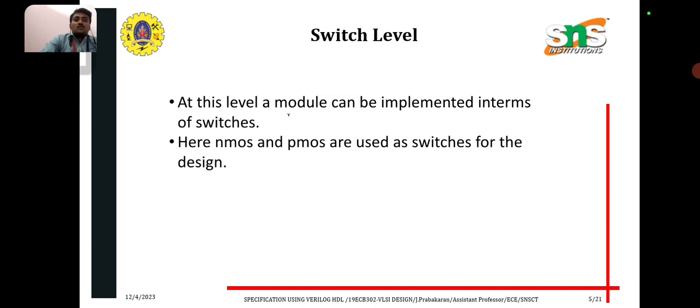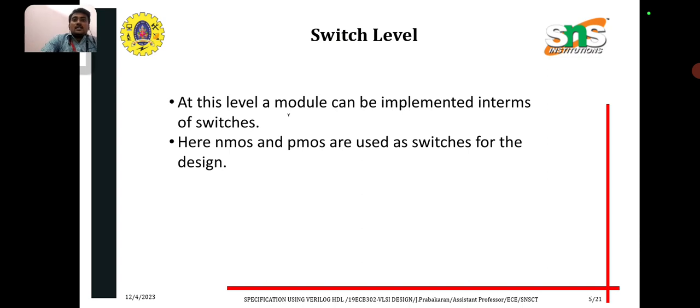It may involve specifying the transistor level details of a digital system. This level of detail is often necessary in certain design scenarios where precise control over the implementation is required, especially in custom or specialized digital circuit design.